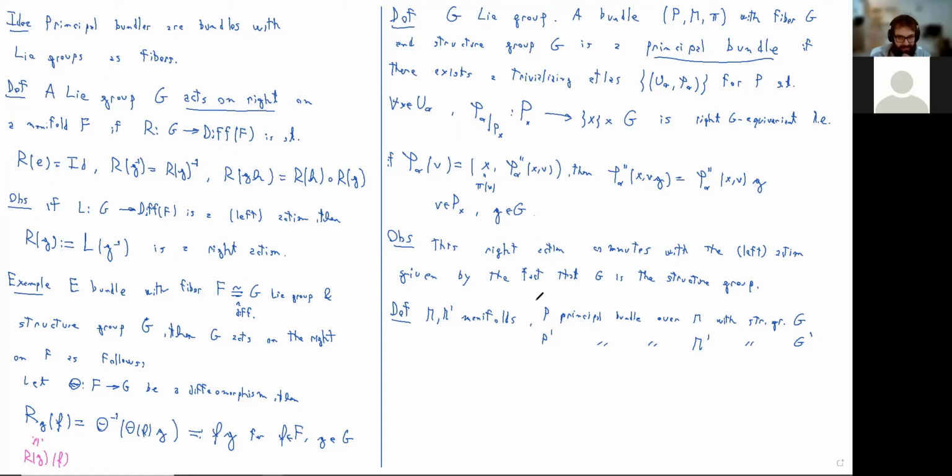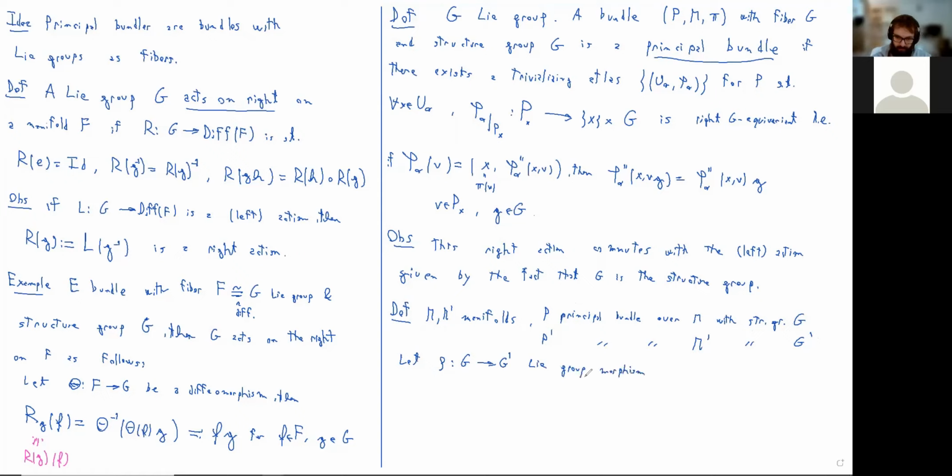So of course, the idea is that this should be a morphism of bundles, which somehow respects this G and G prime action. So we need to give a relationship somehow between this G and G prime, and this relationship is given by a Lie group morphism. So we take rho, a map from G to G prime, which is a Lie group morphism.